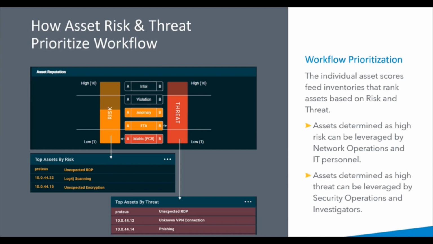You can use this product to determine the risk level of each asset and group, and even your enterprise, from a network perspective. Assets determined as high threat will be leveraged by your security operations investigators. And that one's a little more straightforward.